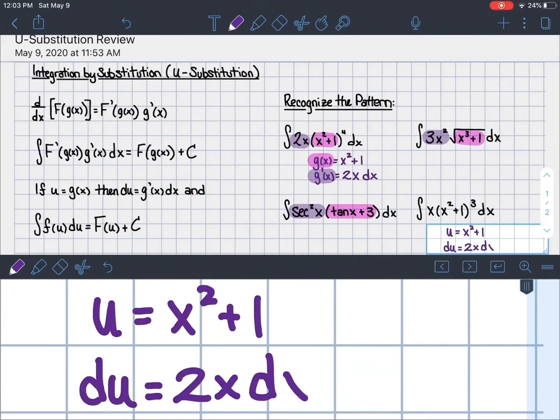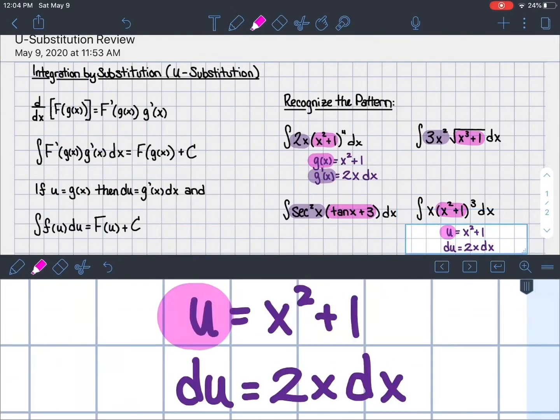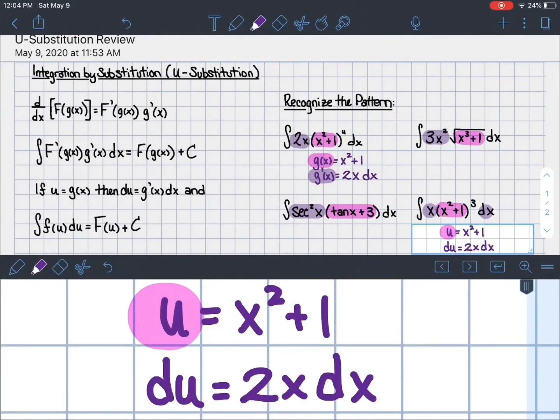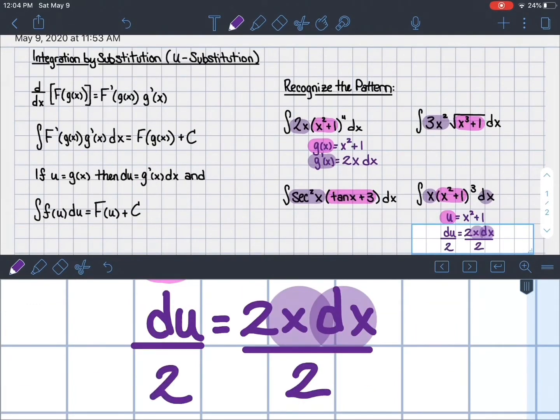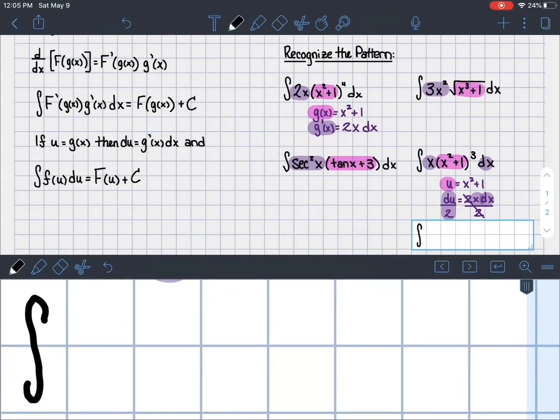We're going to see that du isn't actually what we have there. It's 2x dx. All we need is an x dx. So in order to solve that problem I'm going to divide by 2, and so du over 2 is actually what is representing x dx.